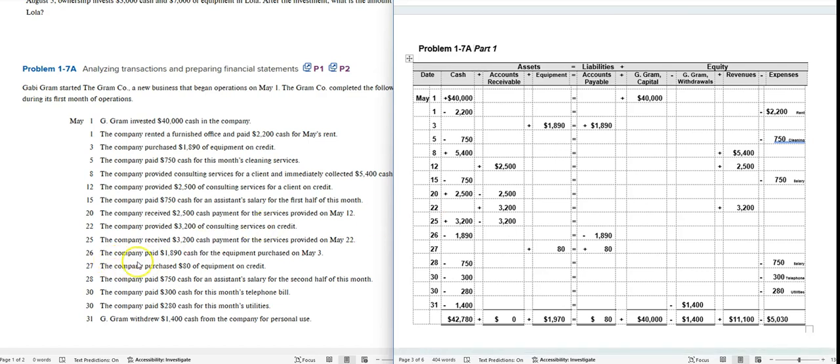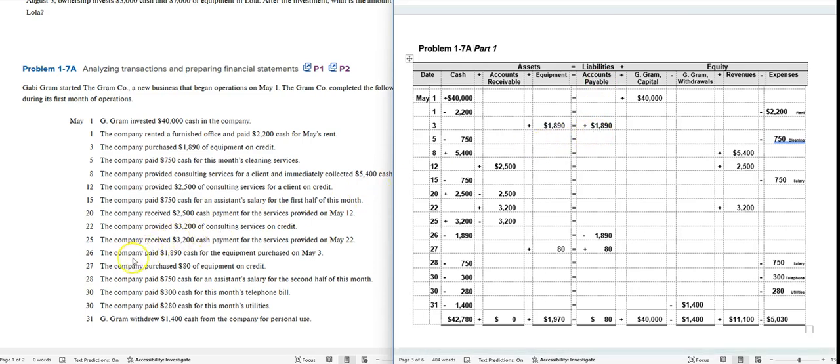On the 26th, the company paid $1,890 cash for the equipment purchased on the 3rd of May. Way back here on the 3rd of May, we bought equipment. Our assets increased at the time and we didn't pay for that purchase, so our liabilities went up as well.